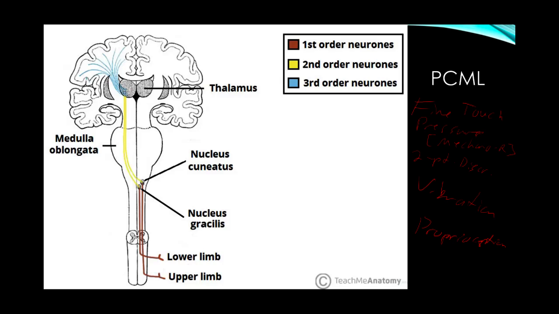Proprioception is tested with something called the Romberg test, and that's where you stand up and you close your eyes, and if this pathway is compromised, you will lean or fall to one side or the other, and that's because your body doesn't know where it is in space.